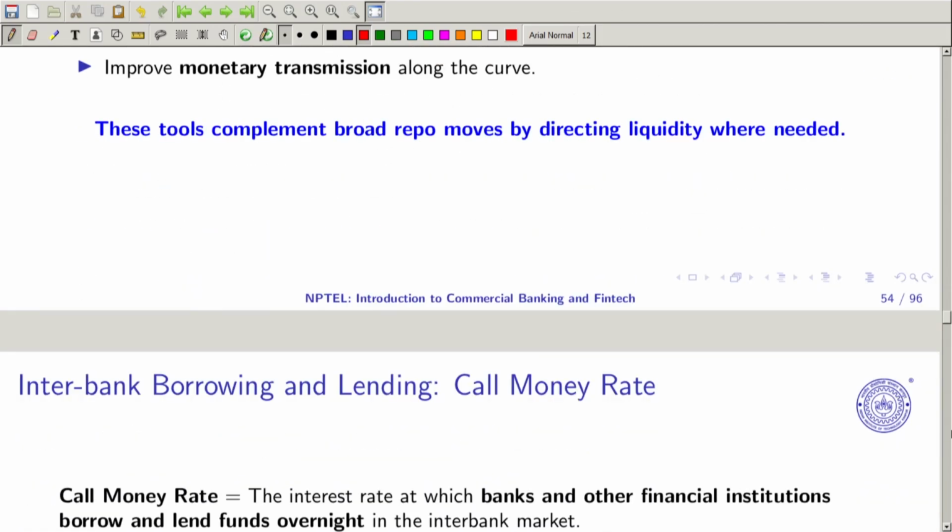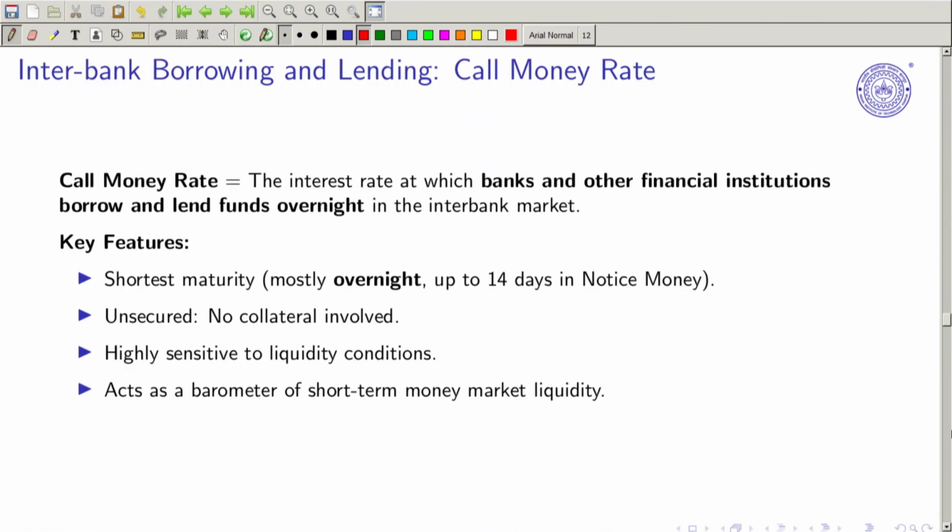So this is how we mention it, and now we'll be getting into the new topic, which is interbank borrowing and lending. Till now what we saw was about RBI and commercial banking.